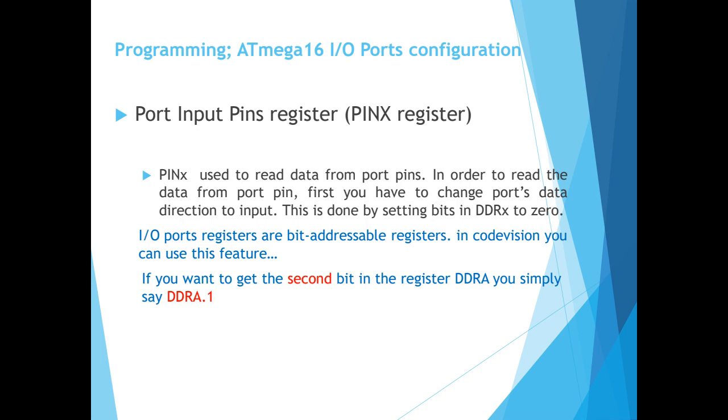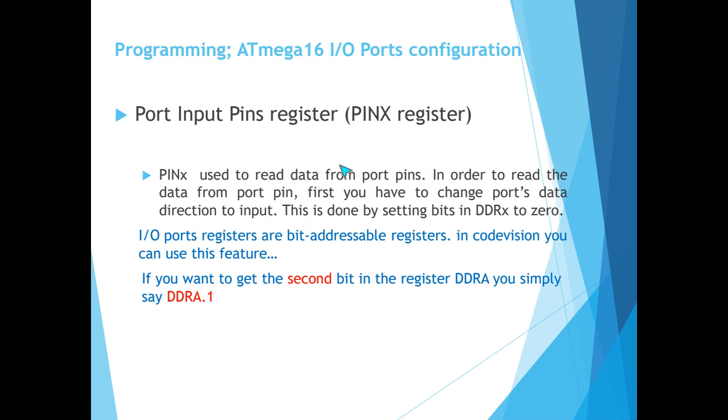The last register that we said is a read-only register is called the port input pin register, and it is coded as PIN X. X can be A, B, C, D. Actually, this register is used to read data from port pins.